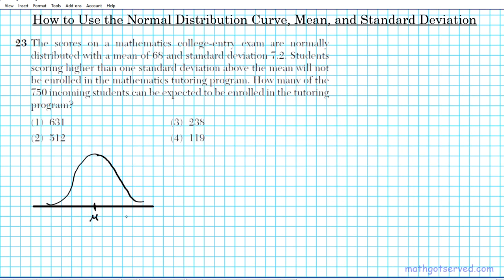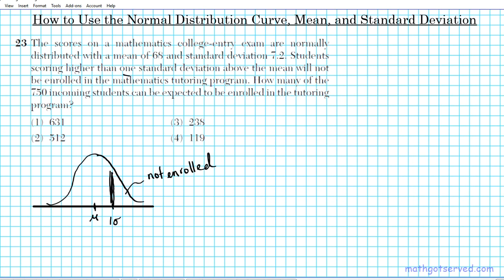And then we're told that the students that score one standard deviation above the mean, so this is one standard deviation above the mean, will not take the tutoring. So this population right here will not take tutoring, not enrolled because their scores are pretty high.